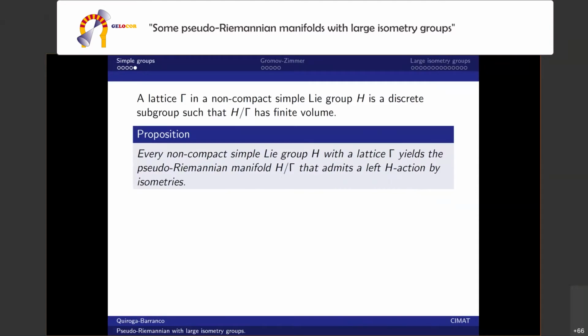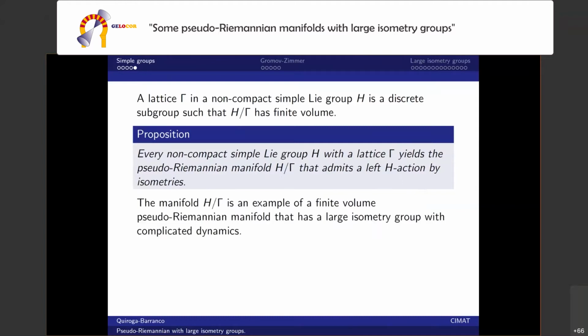That's the basic model we want. It's an example of a pseudo-Riemannian manifold with a large isometry group and, maybe more importantly, complicated dynamics. The thing is that this is finite volume, and as I said, in many cases it is compact.